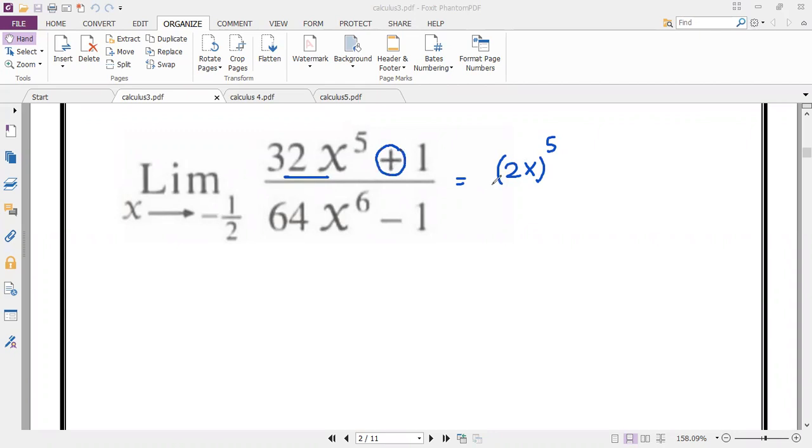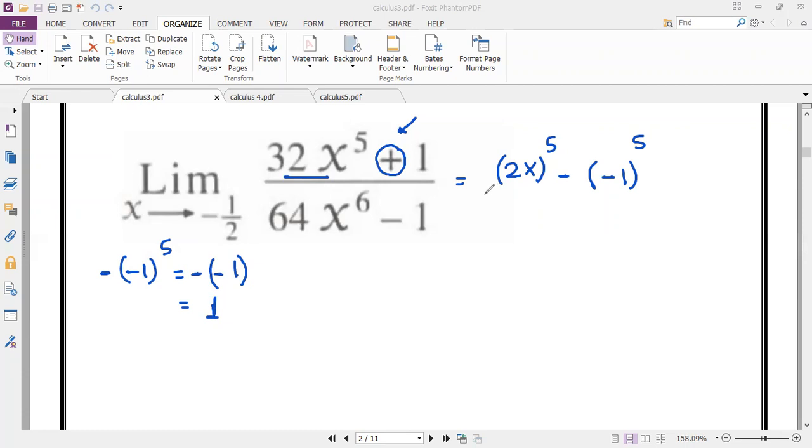We have 1, but we can write this plus as negative, multiplied by negative 1 to the power of 5. What is that? You know that negative 1 to the power of 5 is negative 1. And if we put a negative in front of this, it will be negative times negative 1, which is 1.